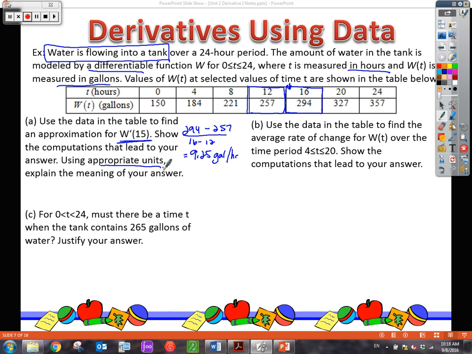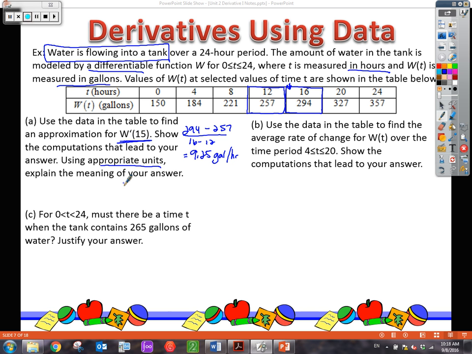Now, the last part is explain the meaning of the answer. And this is really kind of formulaic, the things that you have to put in. And I really suggest don't put anything extra. So I'm going to write my explanation down, and then I'm going to show you what parts are necessary.